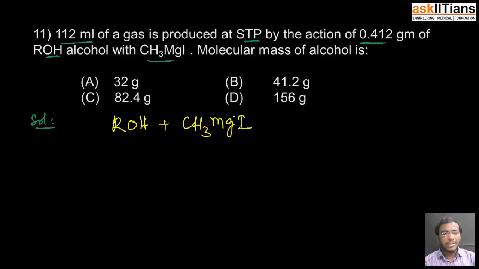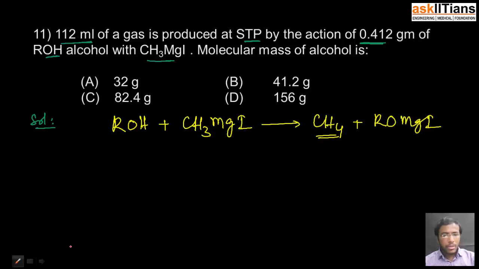This is a Grignard reagent, an alkyl magnesium halide, methyl magnesium iodide. It forms methane gas along with the other product, ROMgI. We are not interested in that, only in methane. The 112 ml of gas produced is methane.